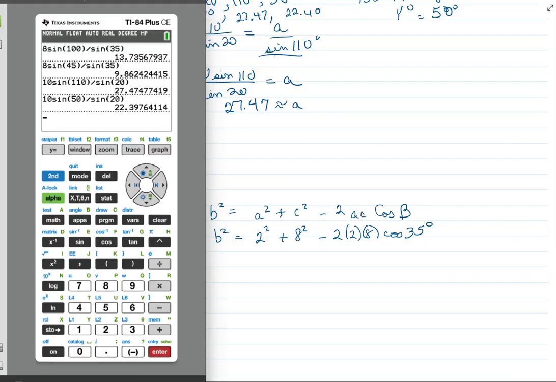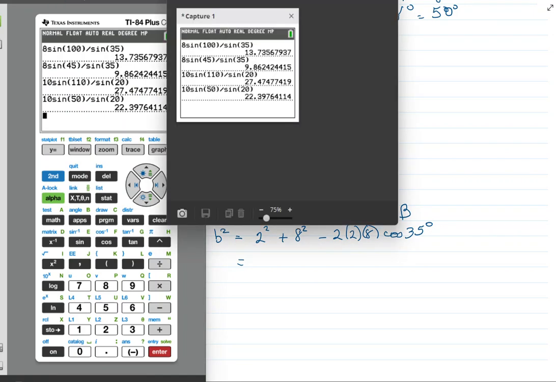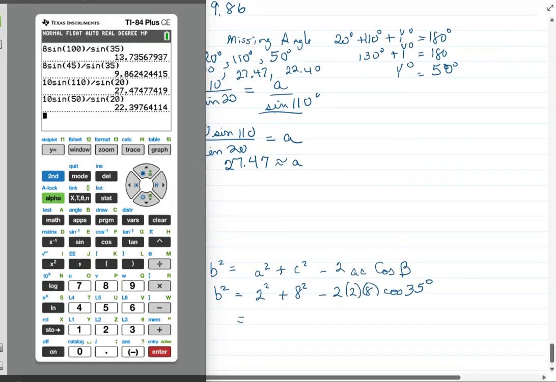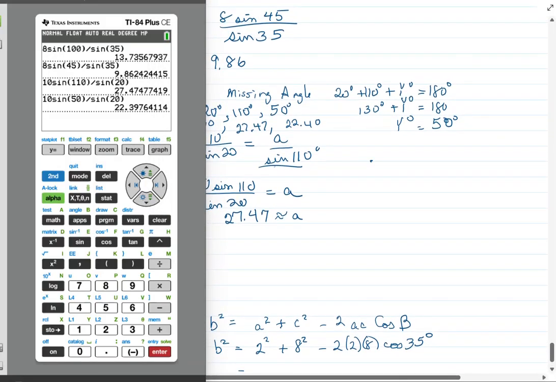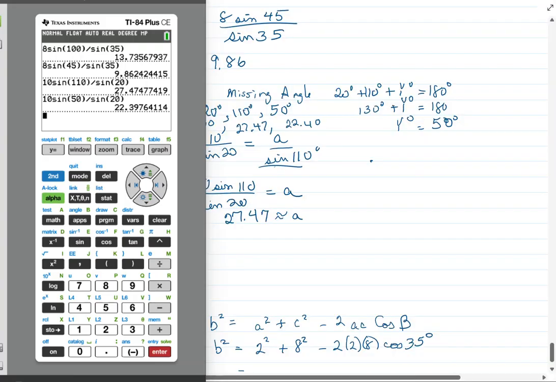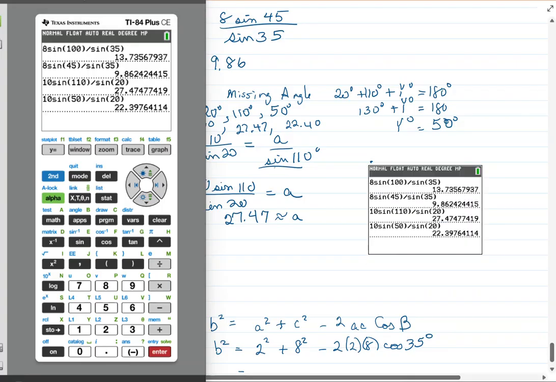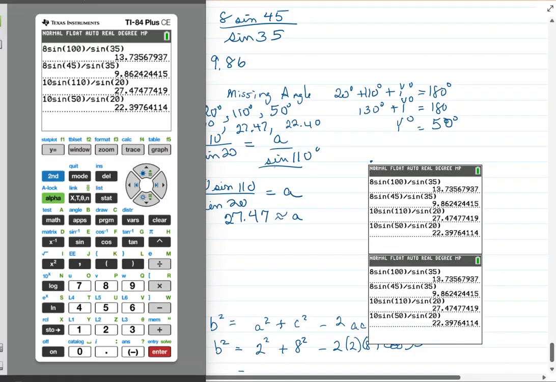Okay, let me do one thing here. Let me copy, capture screen, and I'm going to put it right there. Oops. There you go. Got a little carried away. There we go.